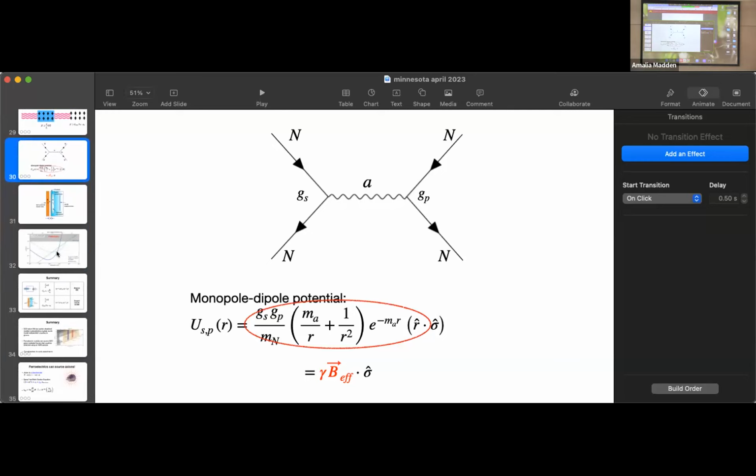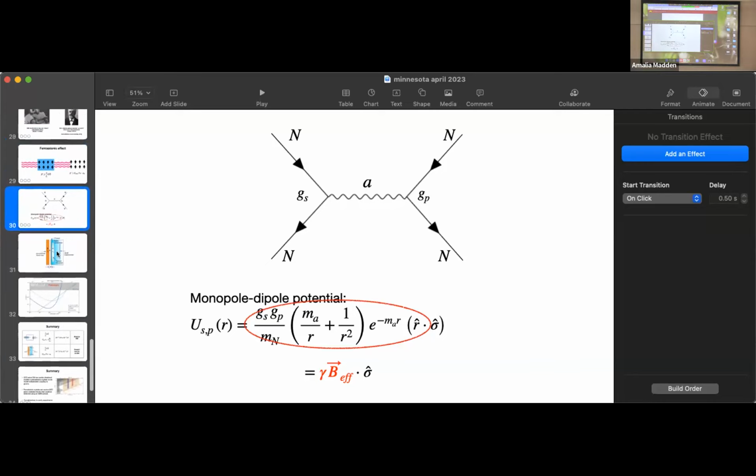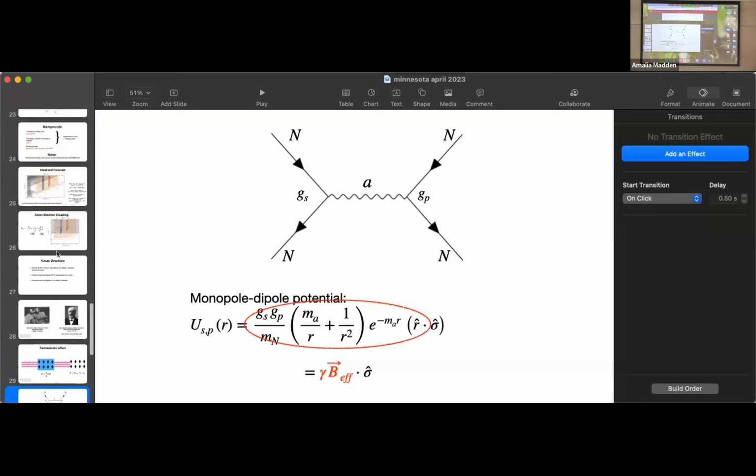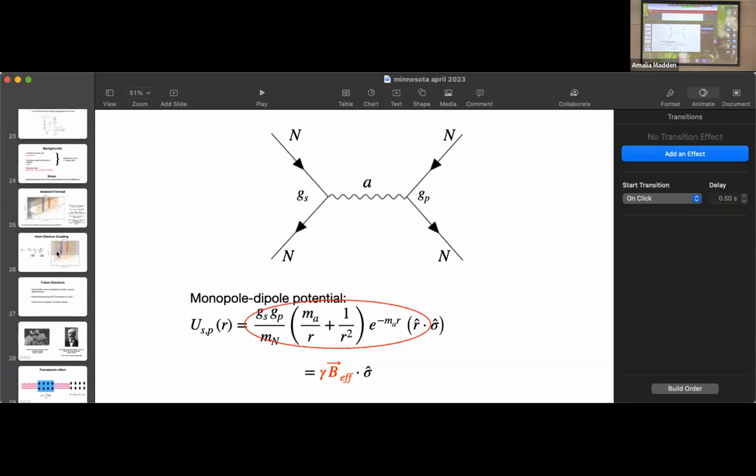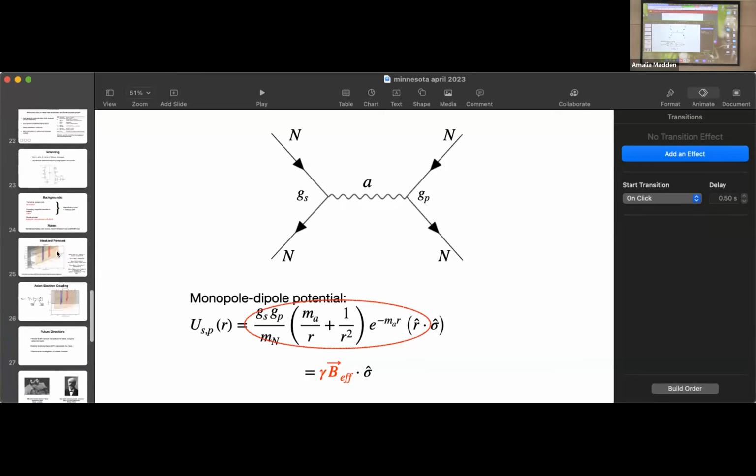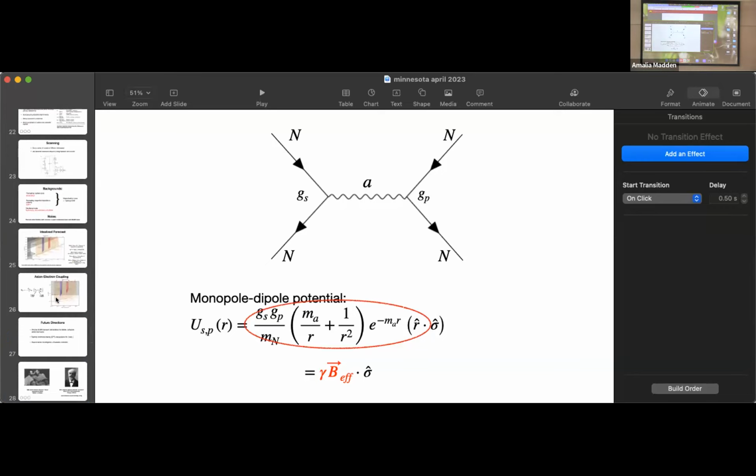For your first part, can you just explain to me the naive picture of the device without any manipulation? What's the fundamental frequency, and what's the best sensitivity to which particular axion frequency? What are those relations? Let's say I have a 4 centimeter by 4 centimeter by 4 centimeter crystal.